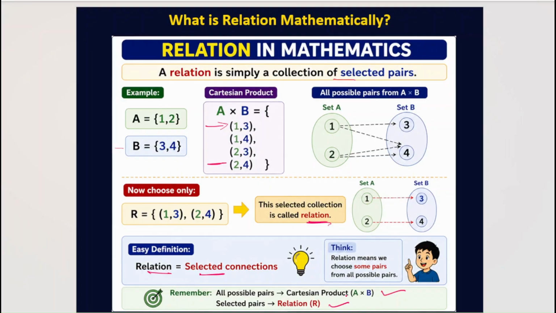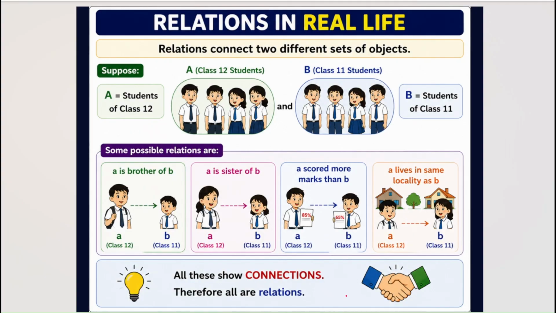Now, here is a real life example to make you understand what exactly a relation means. Suppose we have class 12 students and +1 students.